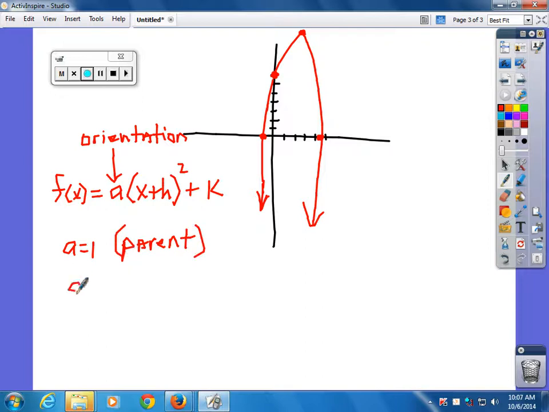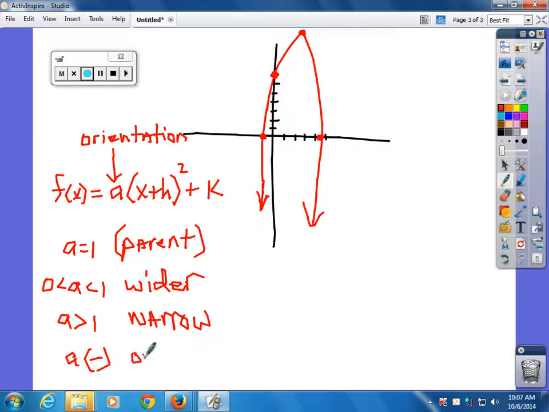If a is between 0 and 1, what did I tell you it did? Got wider. If a is above 1, it makes it more narrow. Or the compression, we went over the compression. And what did I tell you if a was negative? Opens down. If a is positive, opens up. That's all in unit 1.